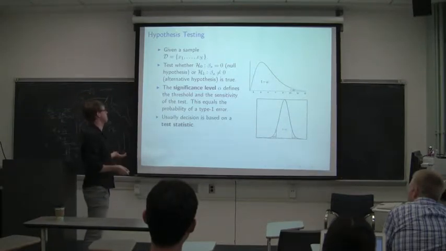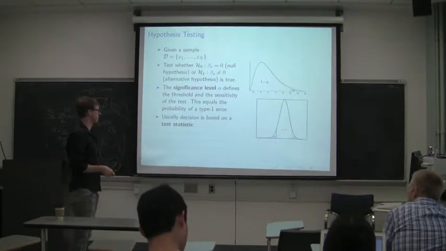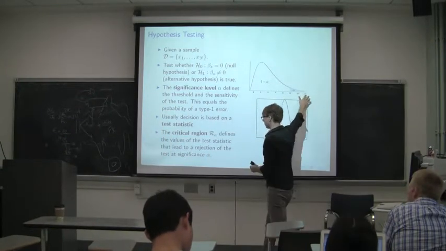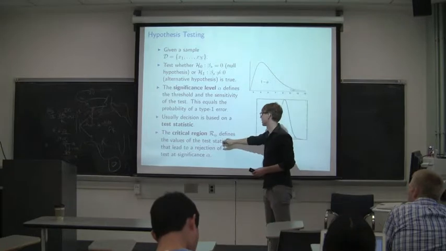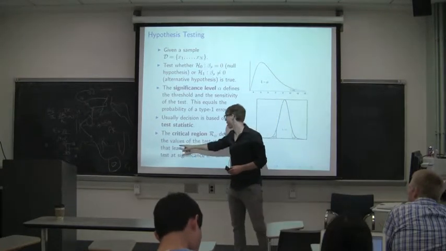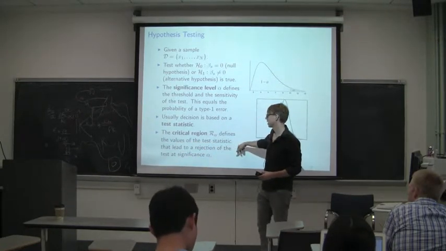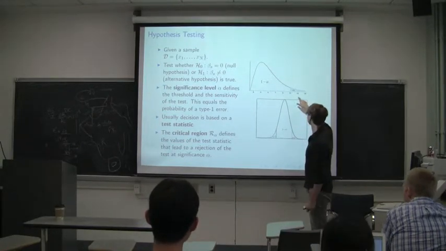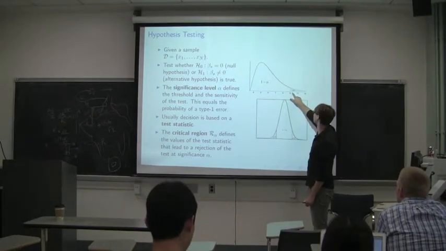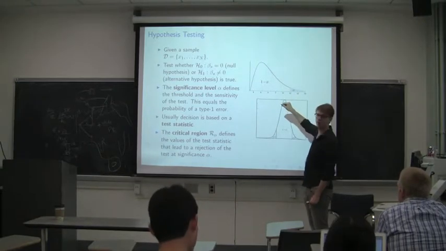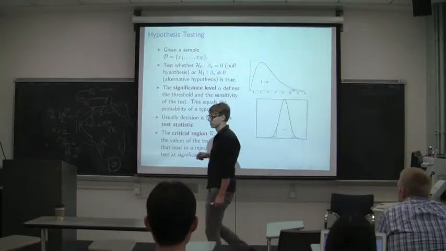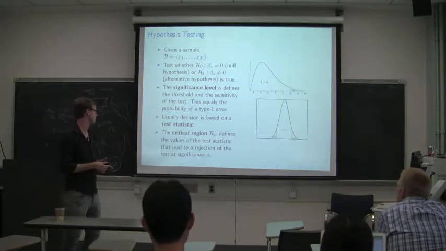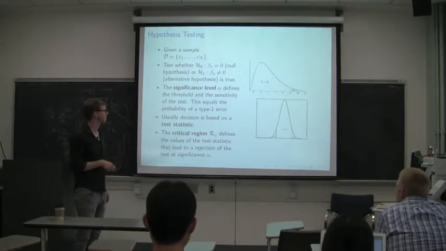The decision is usually made on a test statistic, and we call this region here R alpha. It defines the region of values of the test statistic that lead to rejection of the null. The values are just the values here on the x-axis that lead us into that region, the critical region.